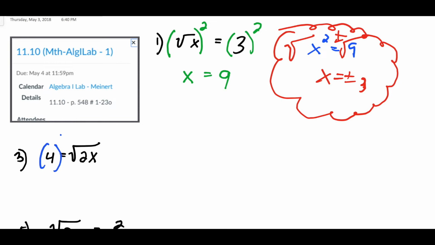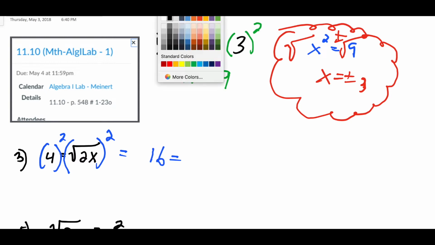All right. Power up and power up. So what do you get on the left? 16 equals, no, kill the root. Look, that 2 right there, its whole mission.